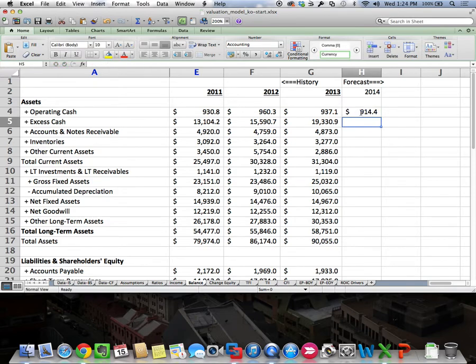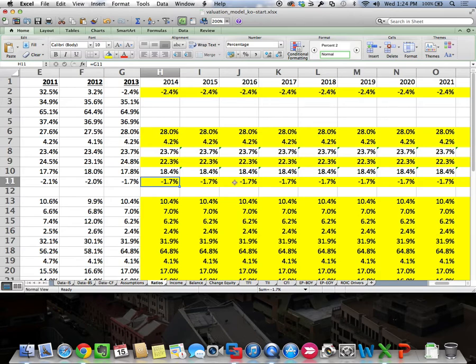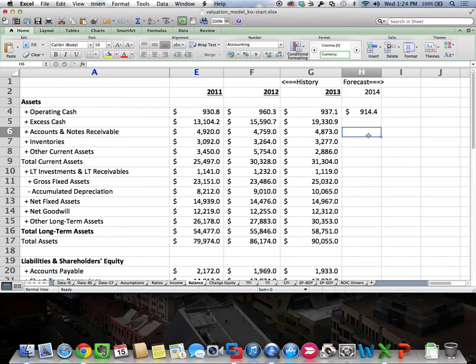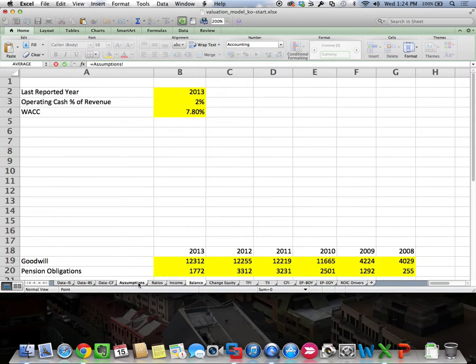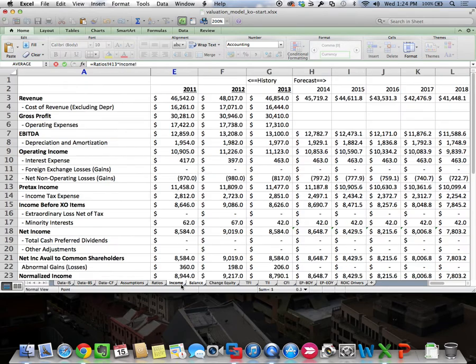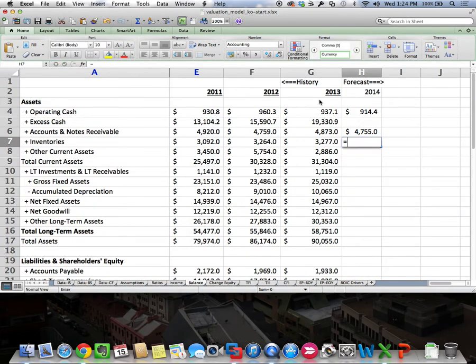Okay. Excess cash we're going to skip over, and we're now just going to go to the ratios. The first balance sheet ratio is accounts receivable. So again, I'll go back to my balance sheet tab, accounts and notes receivable equals ratios, accounts and notes receivable for 2014 times income 2014 revenue. Inventory equals, now go the other way.